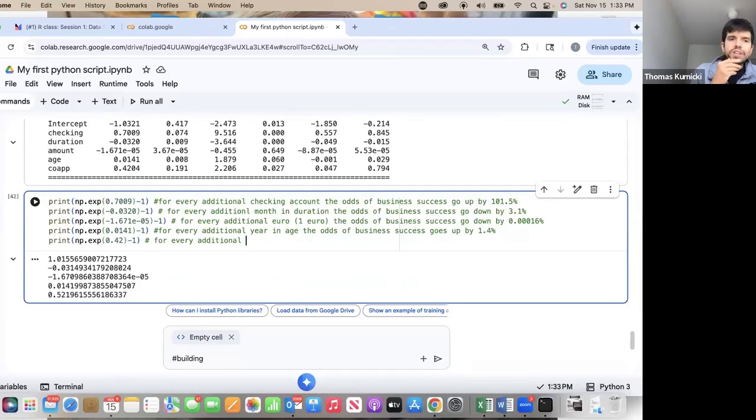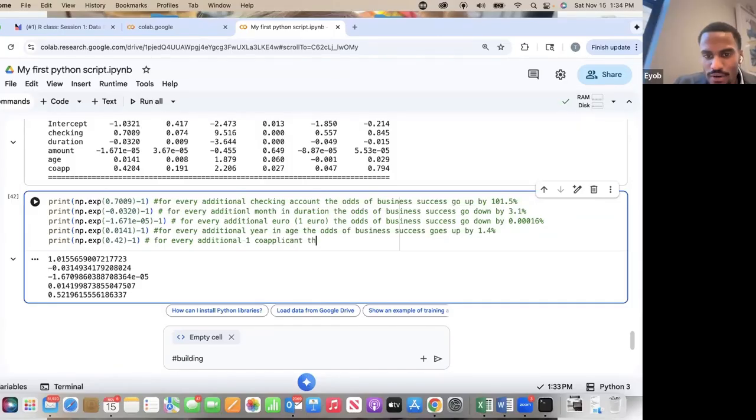Who wants to take the last independent variable? Go for it. All right, let me see. So for every additional co-app, which is one person, I guess. Yes. One co-applicant.